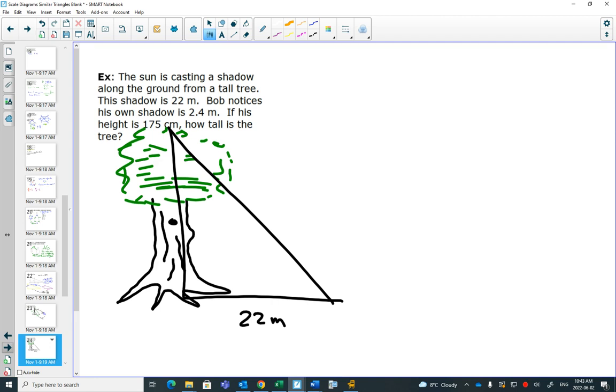And then this is really cool, because then you know how tall you are. Your shadow, so his height is 1.75 meters. His shadow is 2.4 meters. This is the power of similar triangles.